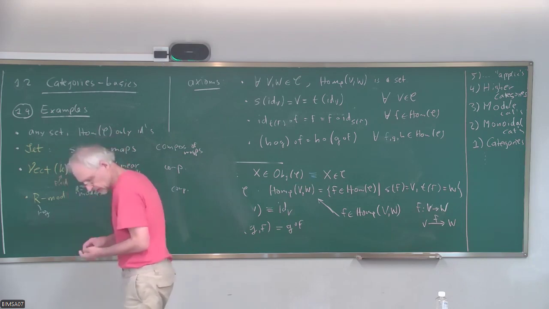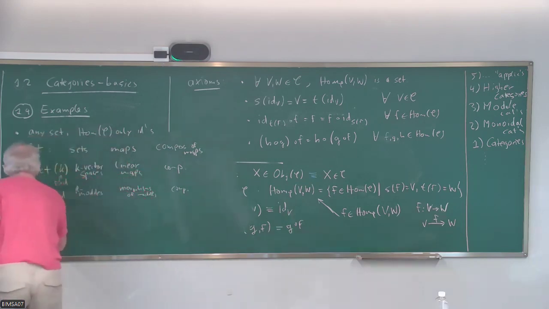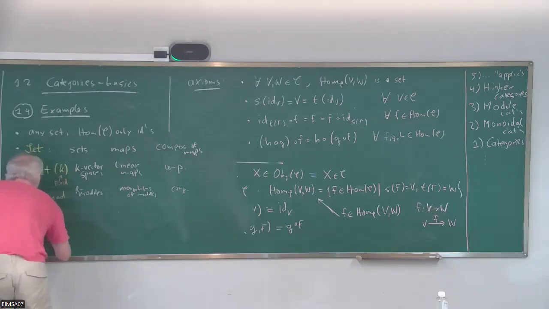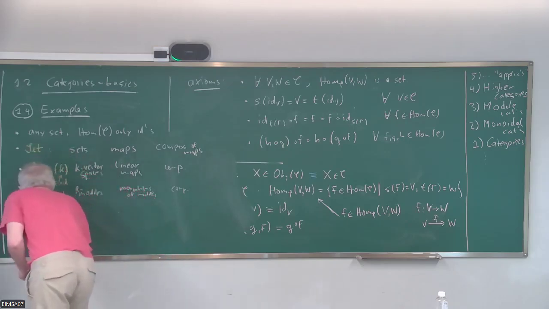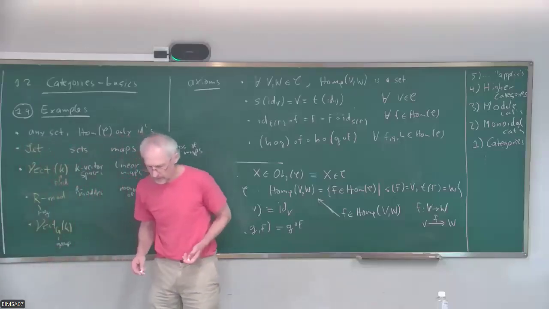And maybe one more example here: Vect_G of K, where G is a group. In principle, any group, but most often this will be a finite abelian group.